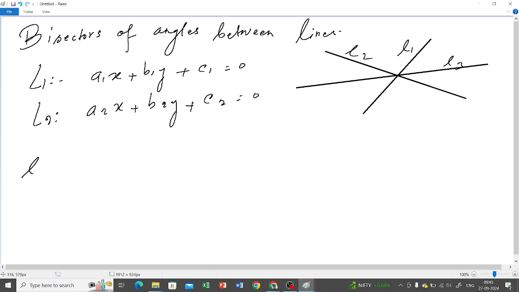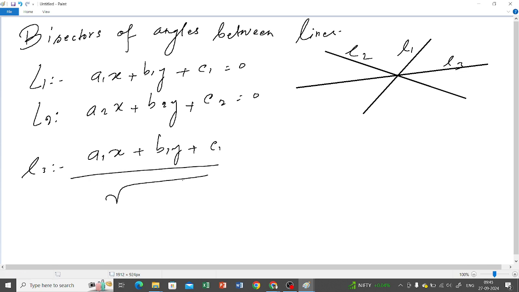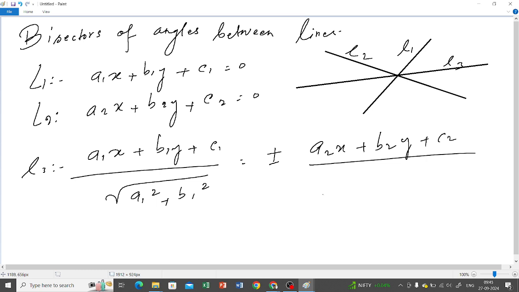So the equation of the angle bisector is given as a1x plus b1y plus c1 divided by root over a1 square plus b1 square, that is equals to plus minus a2x plus b2y plus c2 divided by root over a2 square plus b2 square. This is what we have, right?